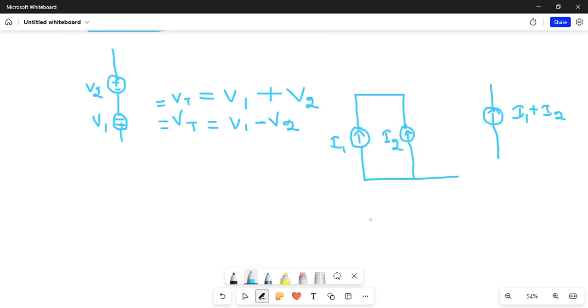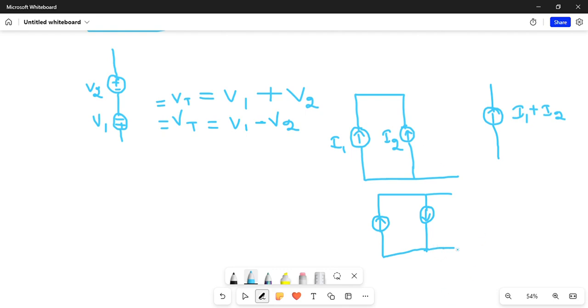So if it is having a different direction, say I1 is going in the upward direction and I2 is going in the downward direction, it is having a different polarity, so you need to subtract.